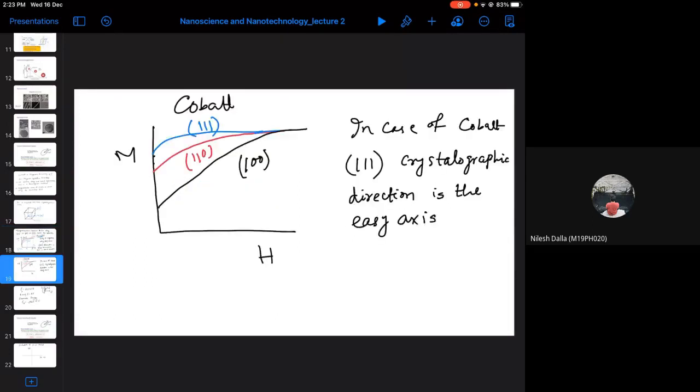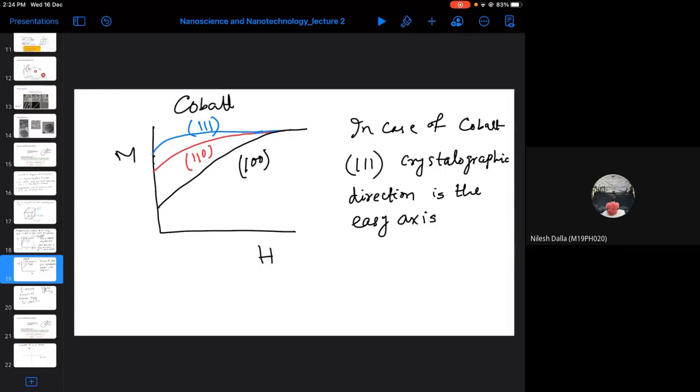So similarly, this is an example of cobalt. In case of cobalt, what you see is your 111 axis is actually an easy axis, because the magnetization can be easily saturated when you apply a field along the 111 direction. But 100 and 110 are actually the hard axes.